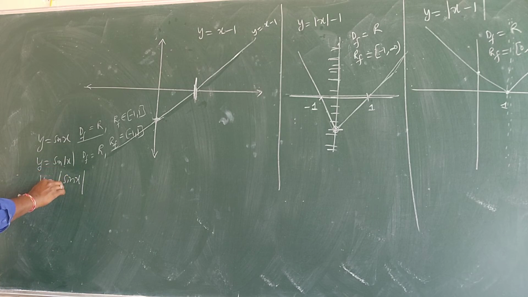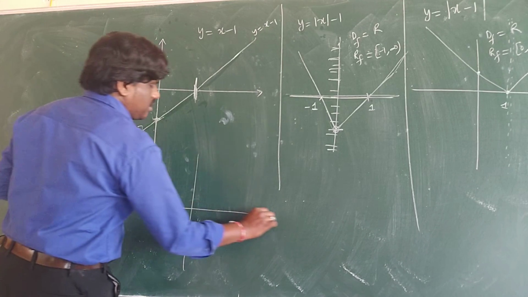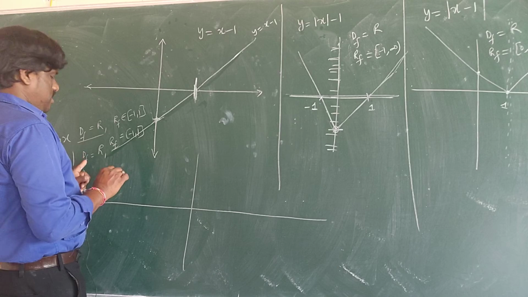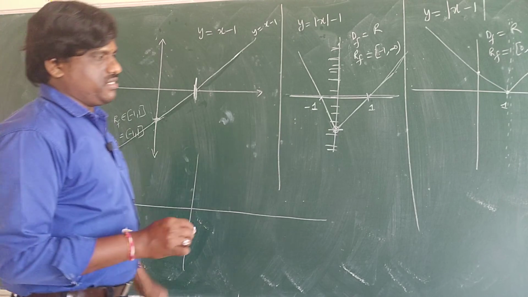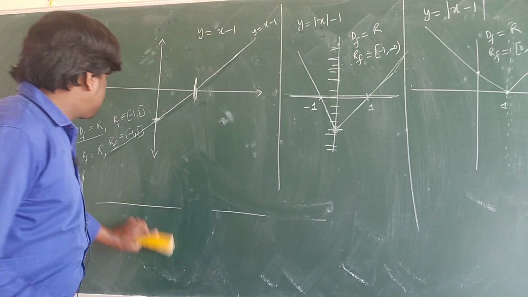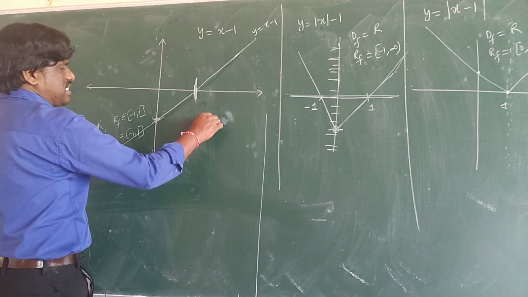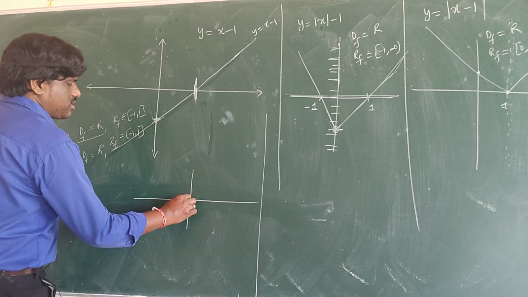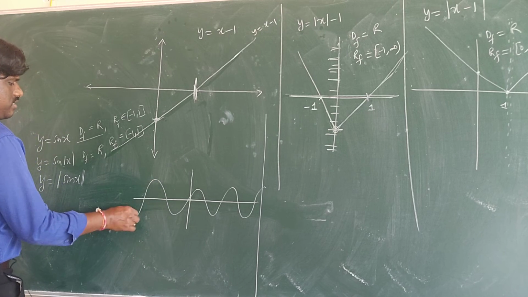Then when you take this graph, what happens here? See here, the sin x graph is this. I will draw the sin x graph first, then I will use the modulus of sin x. So if I draw the sin x graph, it goes like this.